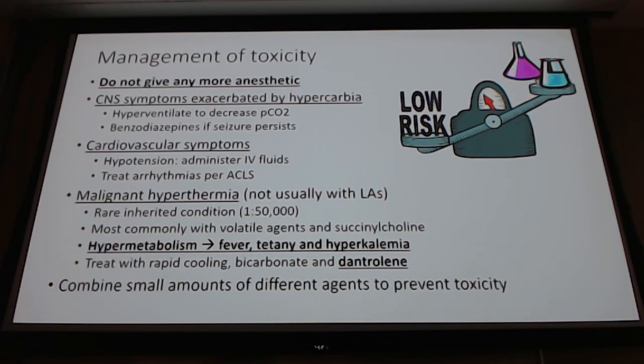This is when we give dantrolene, we rapidly cool, we try to bring them out of that anesthetized state, okay? And then we try to make sure that they don't ever get that volatile agent, to prevent any further malignant hyperthermia in the future. This is why we ask every single person that we put under anesthesia, have you had any issues with anesthesia in the past?